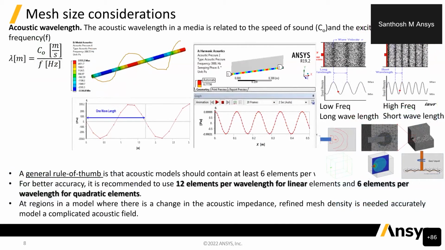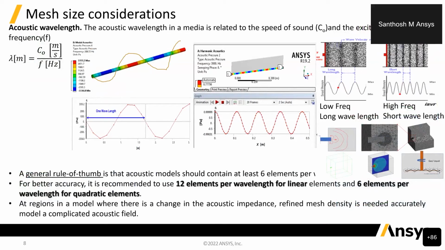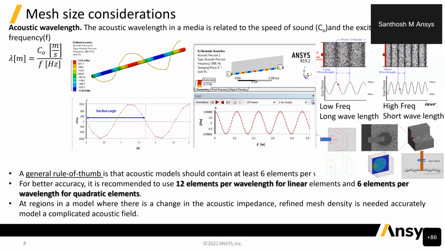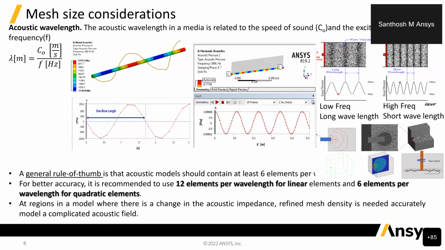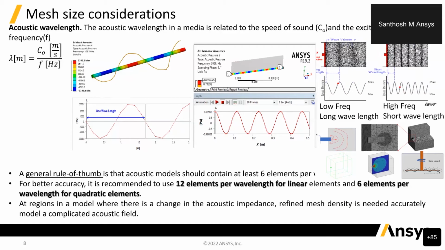meshing to predict any acoustic field distribution. Acoustics is nothing but waves propagating through a medium. Depending on the frequency at which the waves move, the wavelength becomes an important factor. At low frequency, the wavelength is long. At high frequency, when it propagates, the wavelength becomes shorter. In order to predict the wave motion, assume that it moves in a sine form.